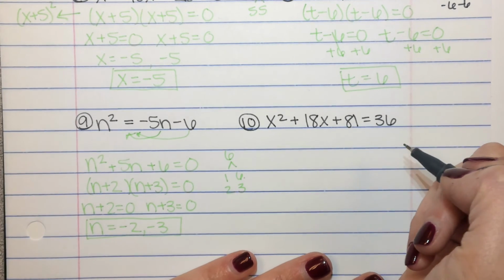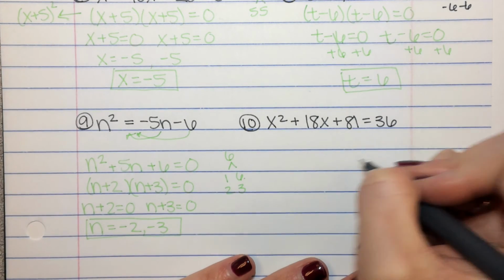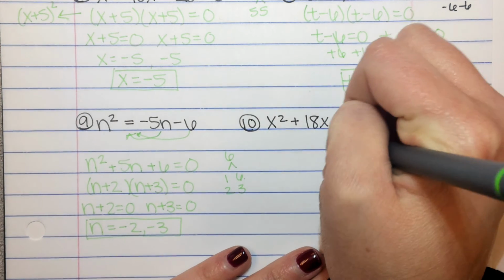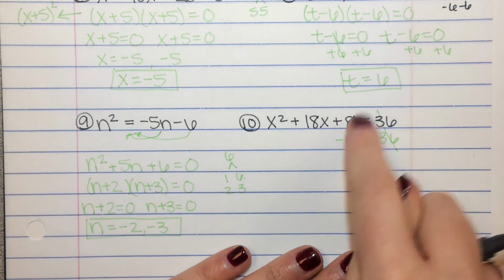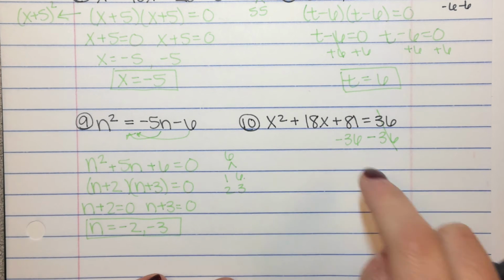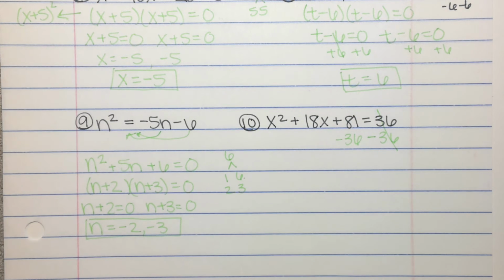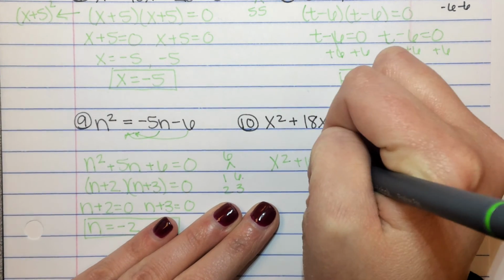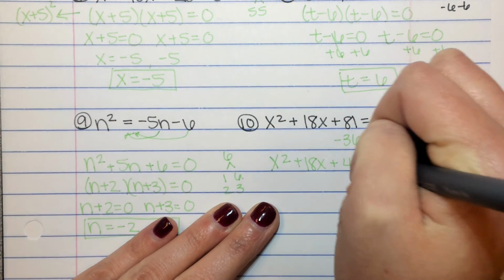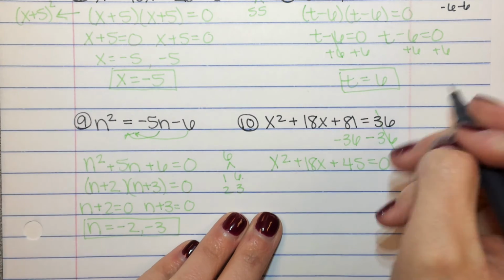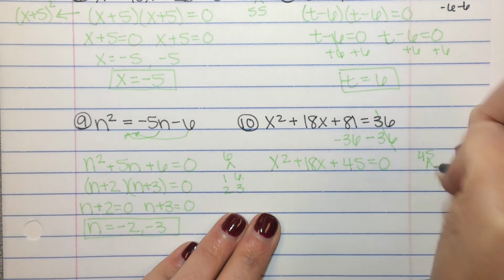Okay, number 10 is very similar, but what do we need to move over to the other side? 36. So we're going to subtract 36, and we're going to match it up with this 81 because they're both just plain old numbers. Okay, so x squared plus 18x plus 45 equals 0. And then let's factor. So we need factors of 45.